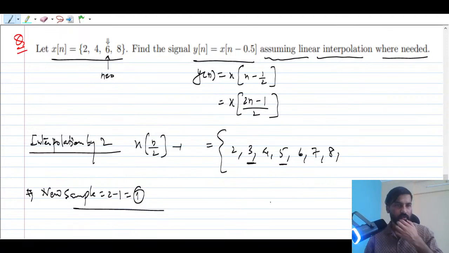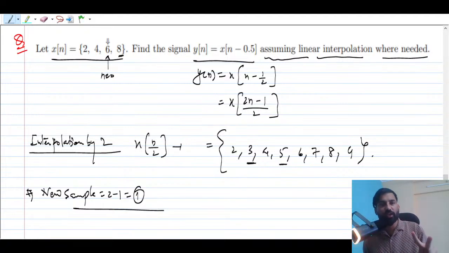Now there is nothing left, only 8 is there, so you can take 0, and 8 plus 0 by 2, the average is going to be 4. So this is your interpolation by 2. You can also follow the technique which Devans has suggested: since there is interpolation by 3, you have to add two values.